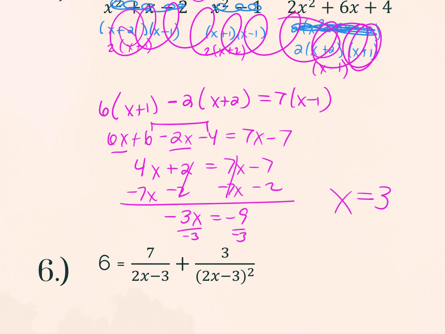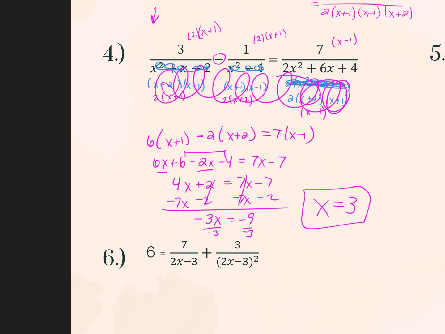3. Now, before you pat yourself on the back and say, whew, what do I need to do? Check. What do I need to check? If your denominator is going to turn to 0, all right? You should go through and actually check to make sure that the left-hand side equals the right-hand side.